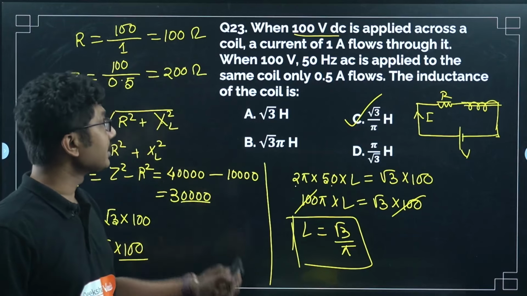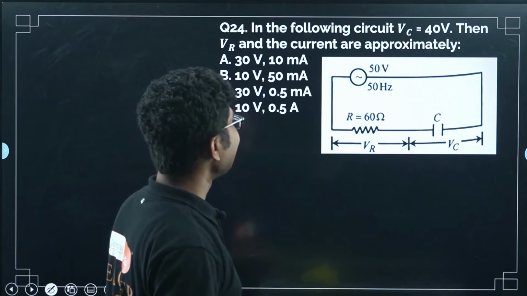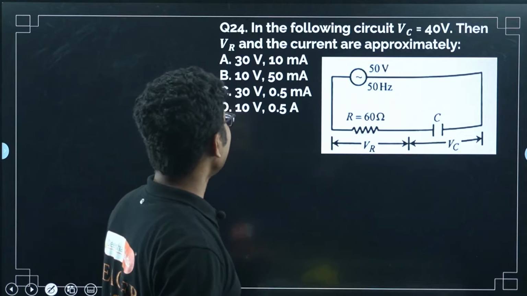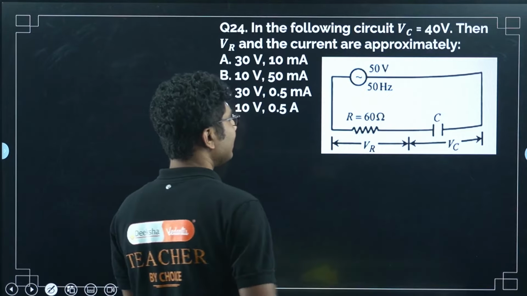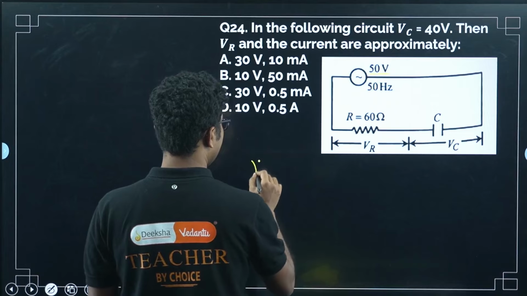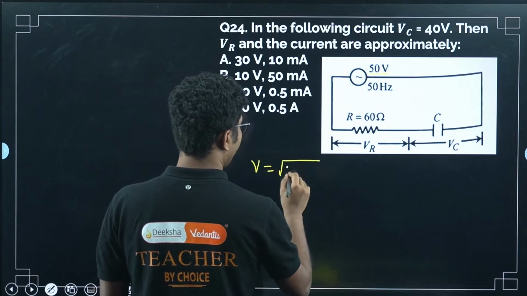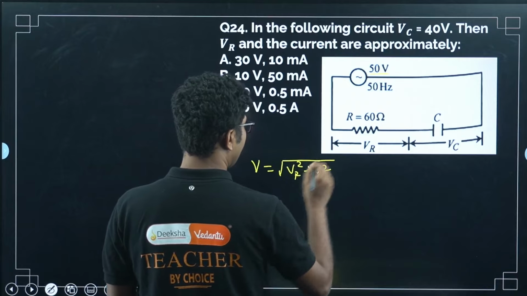This is also a very interesting question. In the following circuit, VC is 40 volts. Then VR and the current are approximately what? Now we know that this voltage V squared is VR square plus VC square, right?